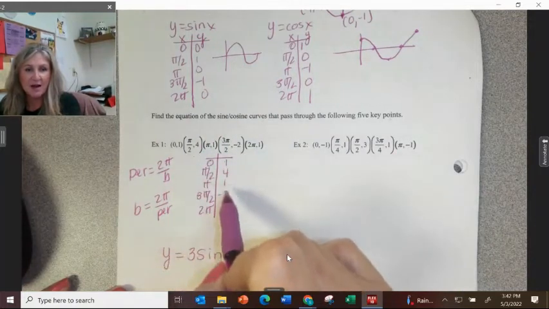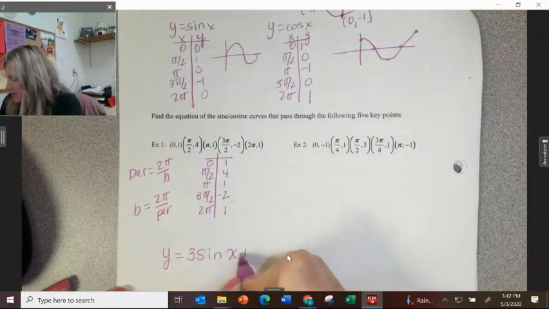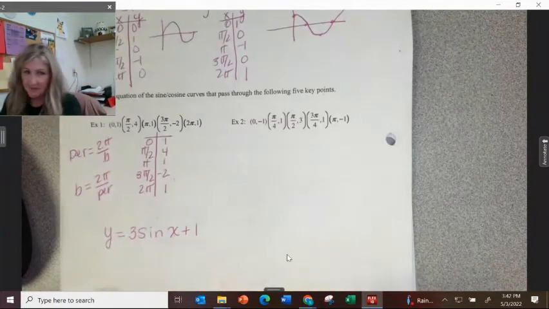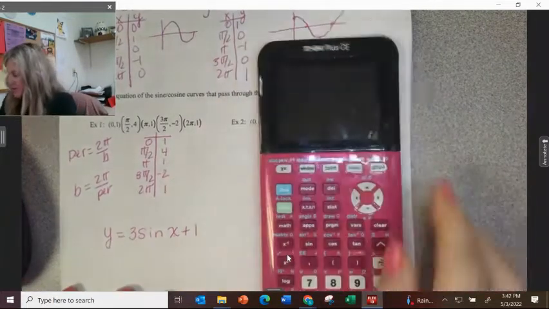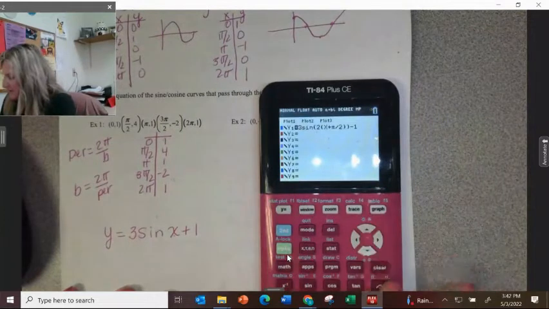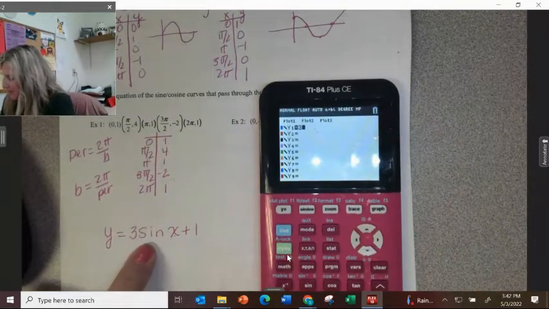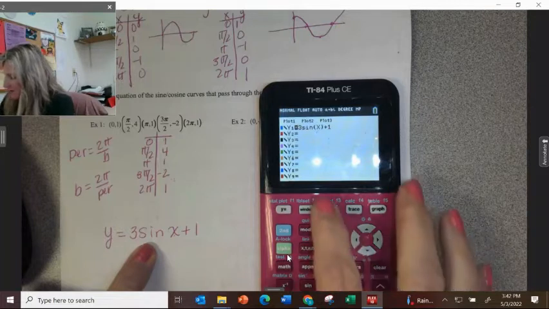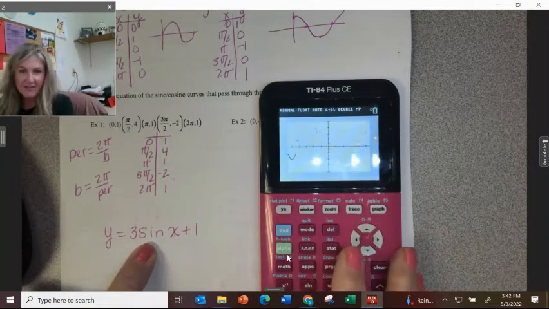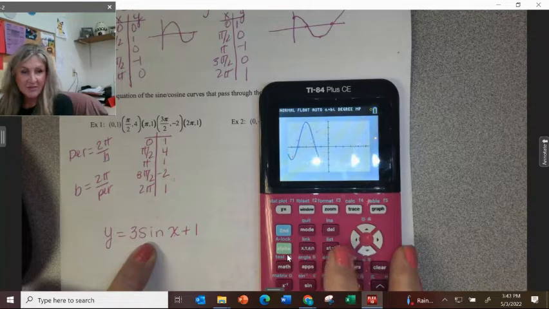So this has gone up 1 unit, so I'm going to have to put the plus 1. We did that kind of quick, so it's really good to check our answer if we have a calculator handy. So 3 sine x, close the parentheses, plus 1. I'll do a zoom 7 to graph it. I really don't care so much about the graph.